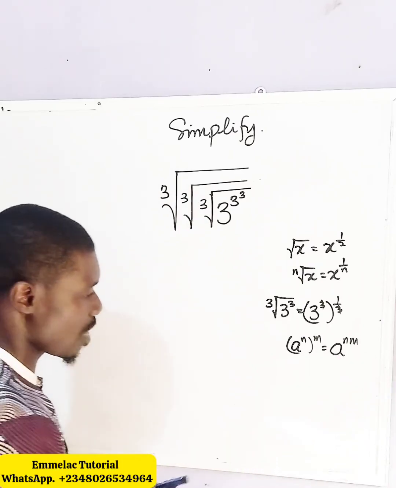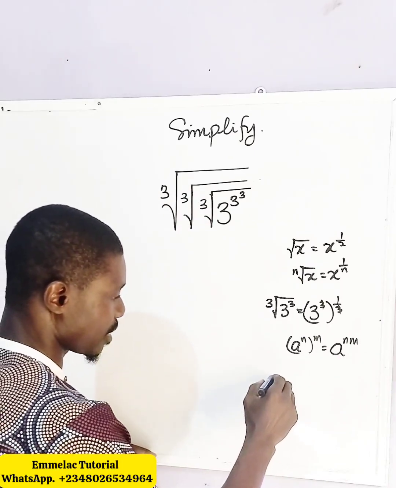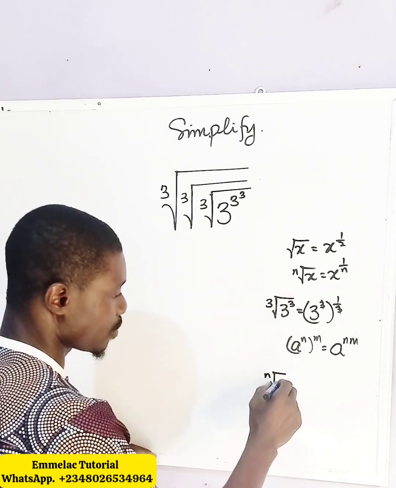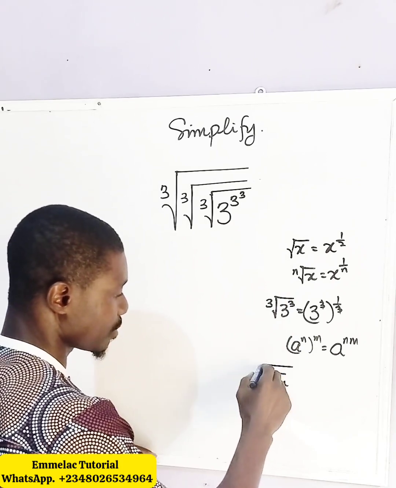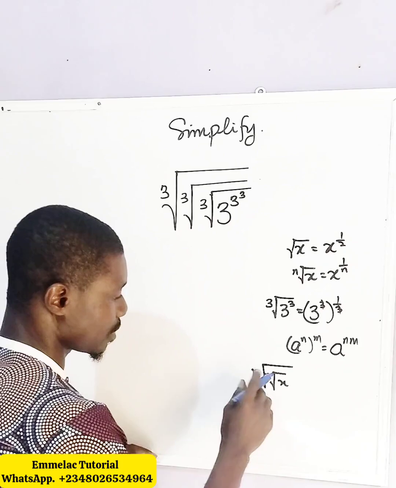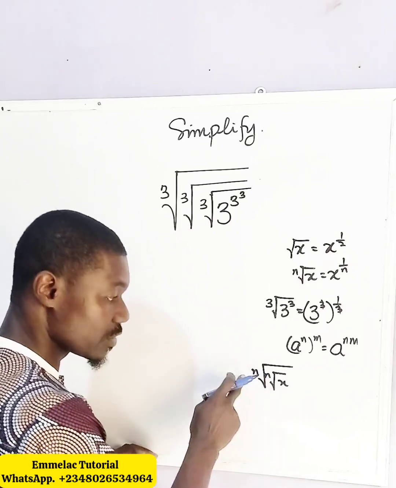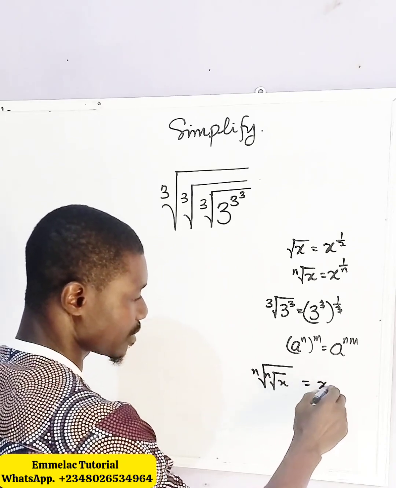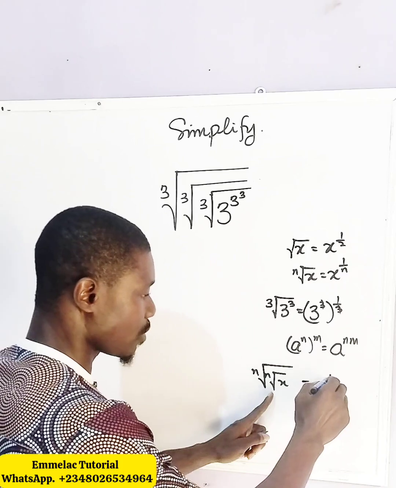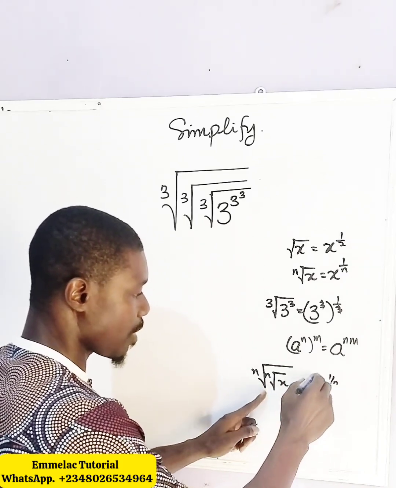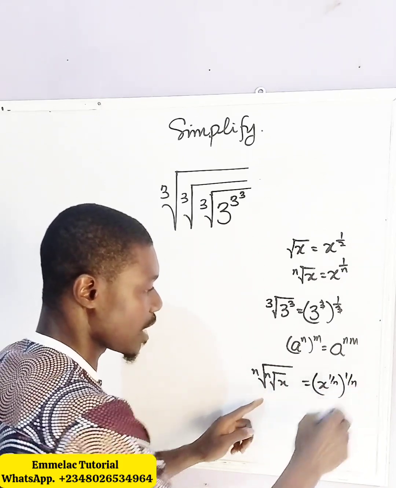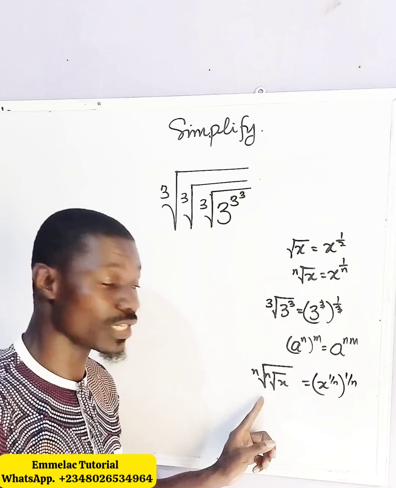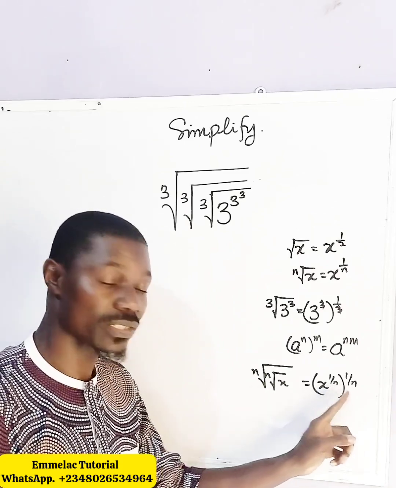Again, from this rule, if you have the nth root of the nth root of x, this will give us x raised to the power of 1 over n raised to the power of 1 over n. Now you can see that the root here is 2, so we have an exponent 2.